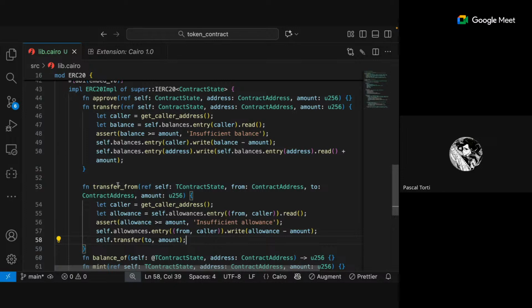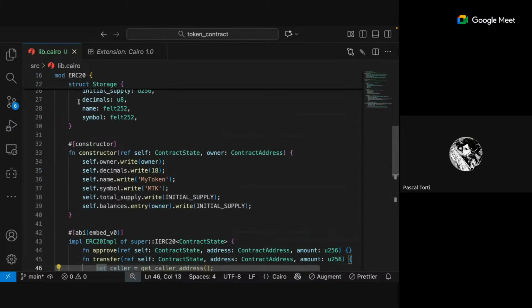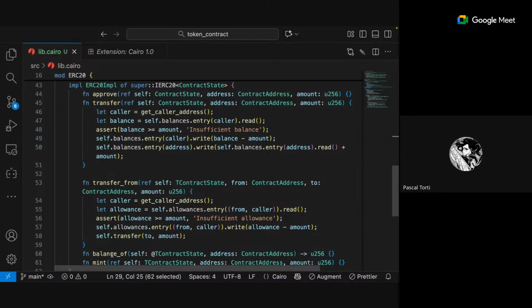Re-entrance is when somebody calls a function that is written in such a way that the function enters more than once, or the storage is written more than once. For example, look at how I call transfer here. I call the transfer, and this transfer also calls transfer from.